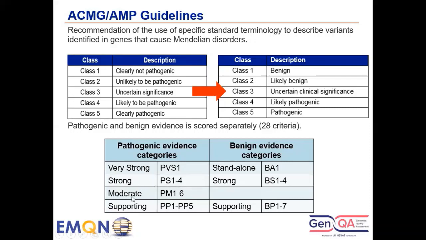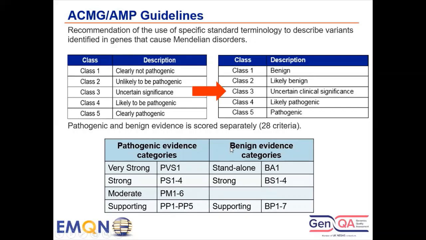There are criteria that are suggesting pathogenicity, but the weight of it is only moderate, so they are abbreviated as PM, and there are 6 of these criteria. And then we have some criteria that are just supporting, abbreviated as PP1 to PP5.